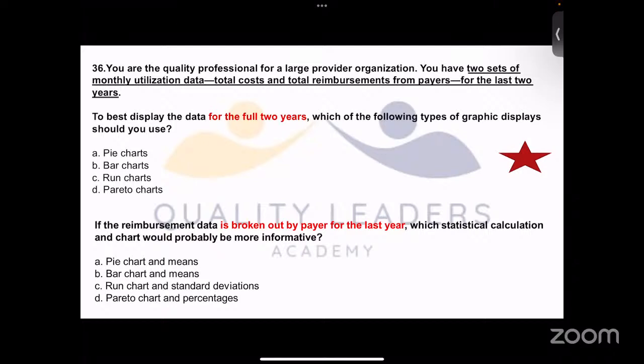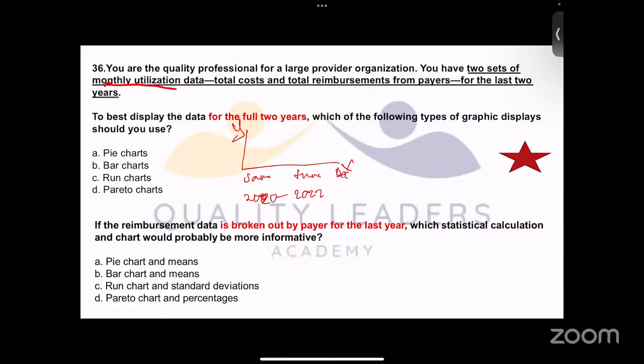Since it is monthly utilization data, I will write on the X axis the months from January to December, covering the last 2 years, January 2020 to 2022. So the data are spread over 2 years and the values represent the monthly utilization.